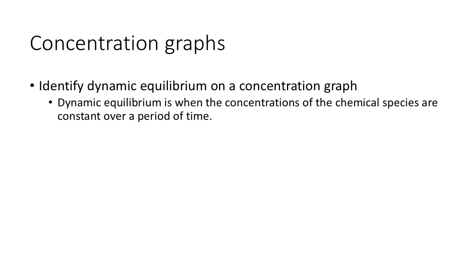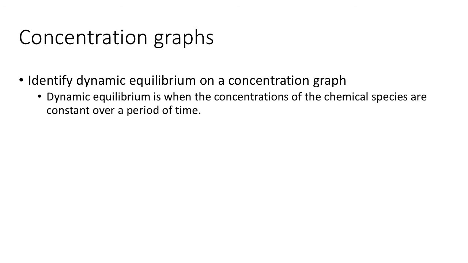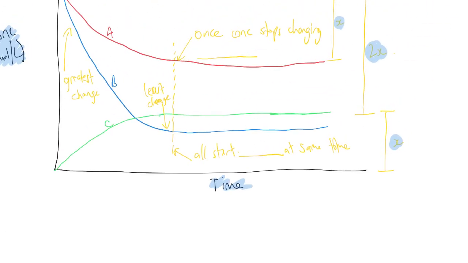And then finally, identify dynamic equilibrium on a concentration graph. How do you do that? That's when all of the concentrations stop changing. Therefore, you have dynamic equilibrium. When all the things stop changing, and they all start at the same time, is when equilibrium is established.